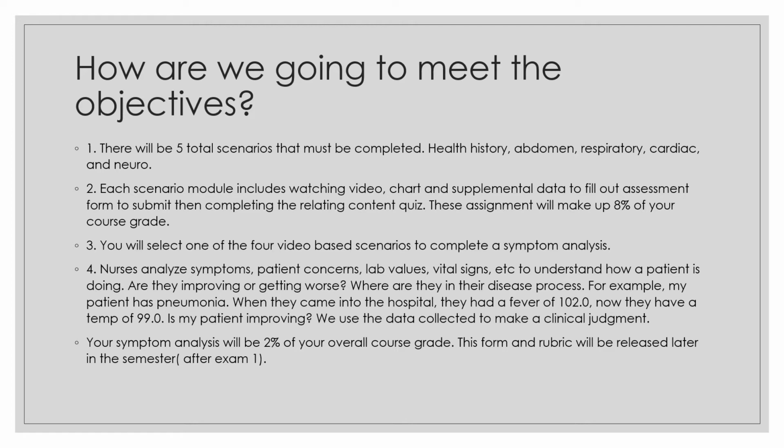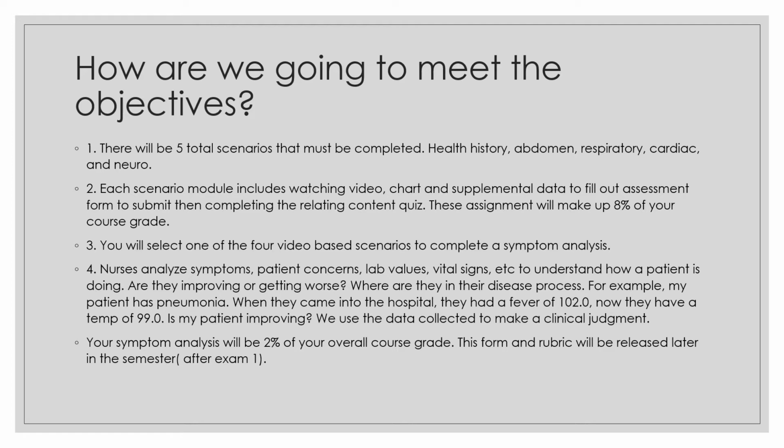From what you understand about the temperature, we might anticipate your patient is improving. But there's other data you might want to look at to help validate your clinical judgment. Maybe it's the x-ray. Maybe it's your white blood count. Maybe it's other things like how your patient is feeling. What is their O2 sat?